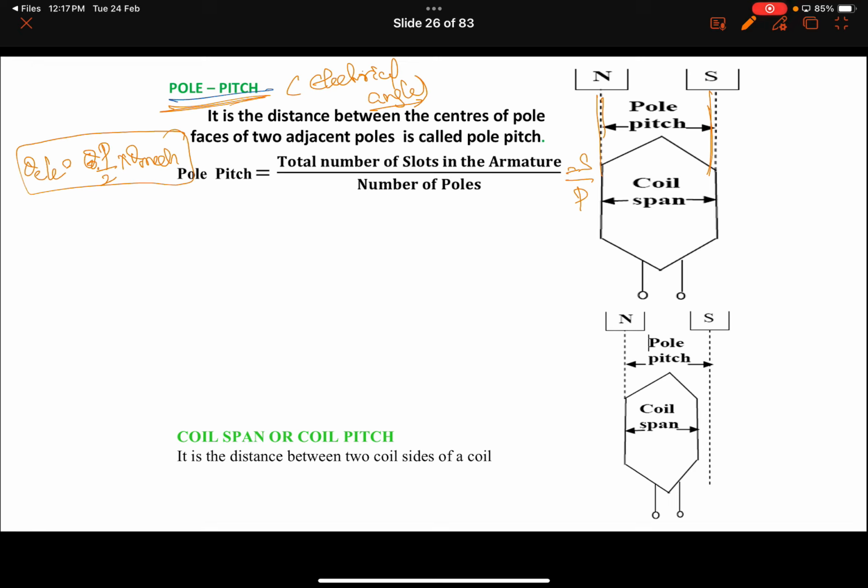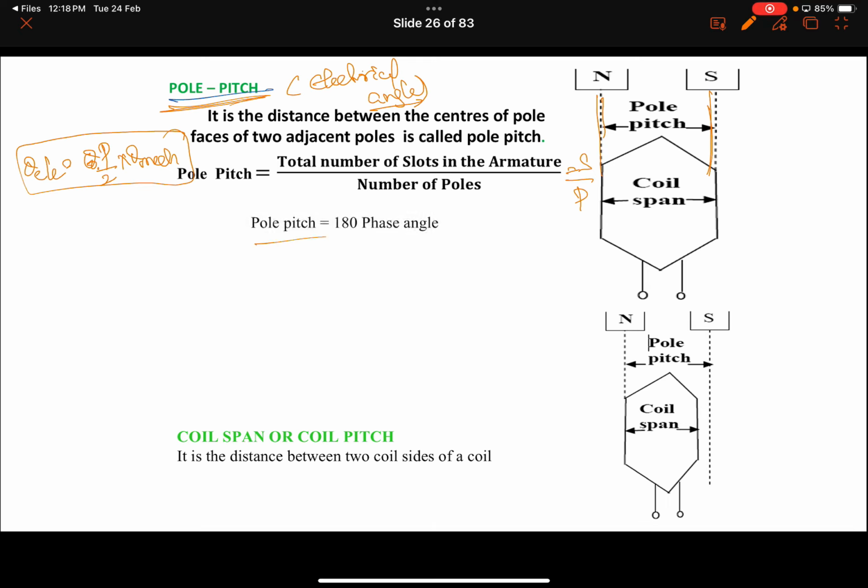If slots are 24 and poles are 4, then what is pole pitch? 6. So pole pitch is 24 by 4, that is equal to 6.